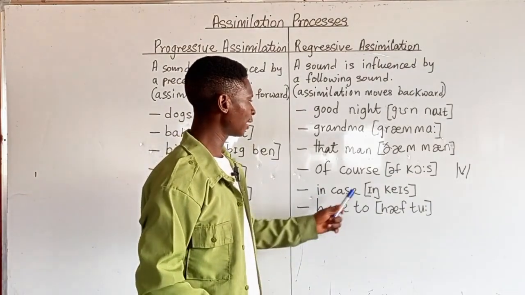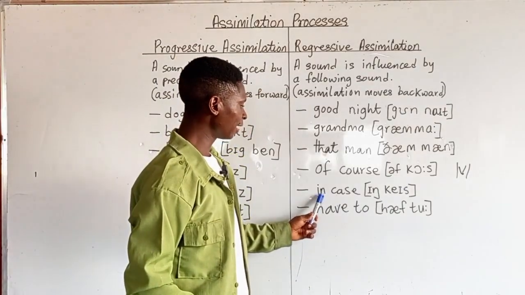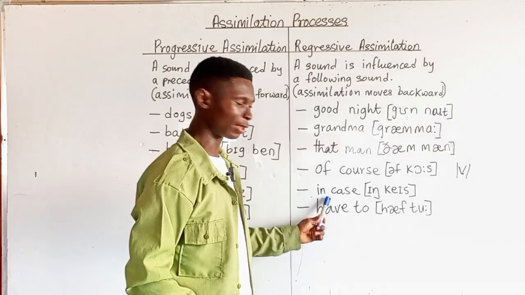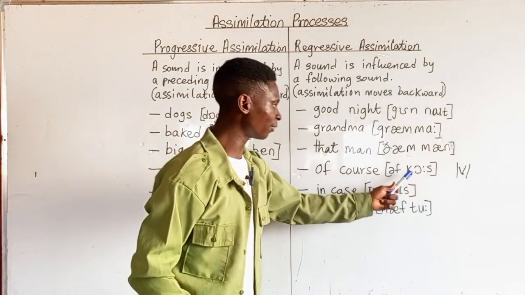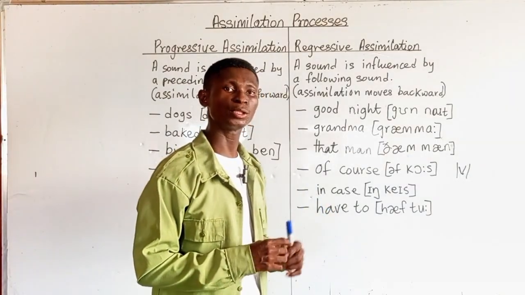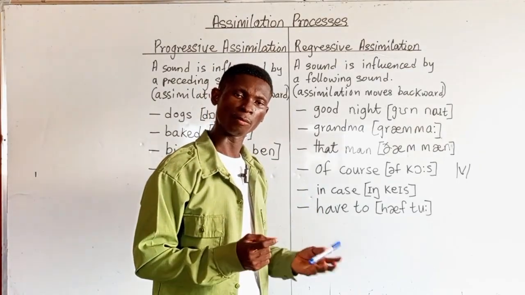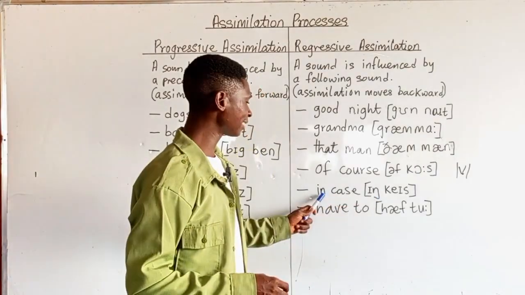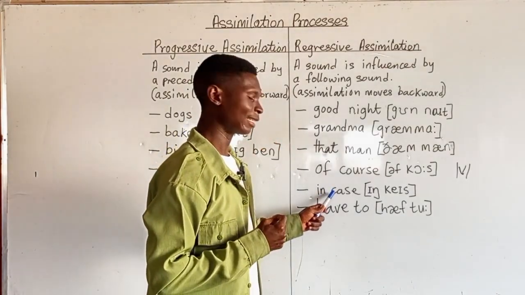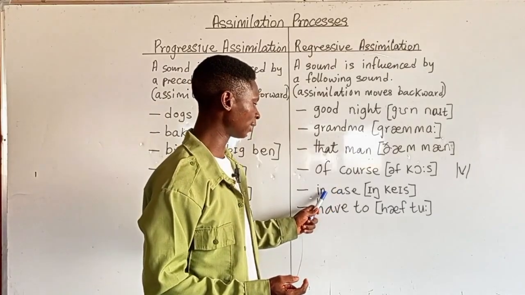We have also in case. Normally this is the alveolar nasal sound, but because of the k sound, which is a velar sound, a sound produced with the help of the soft palate or the velum with the back of the tongue, this n, which is an alveolar sound, changes to a velar sound, because the tongue moves backward immediately after the sound.